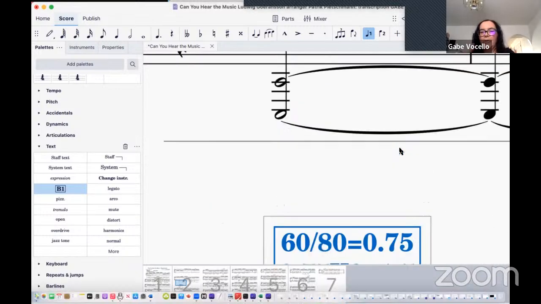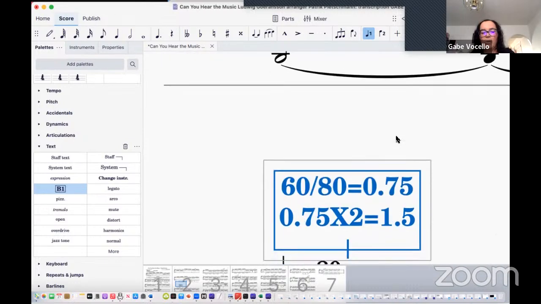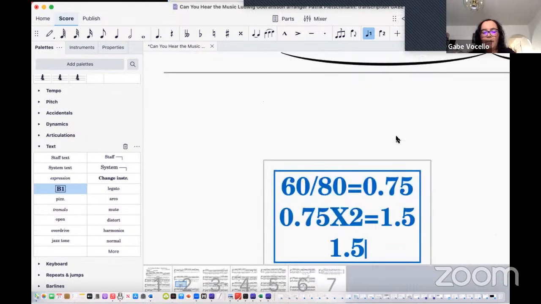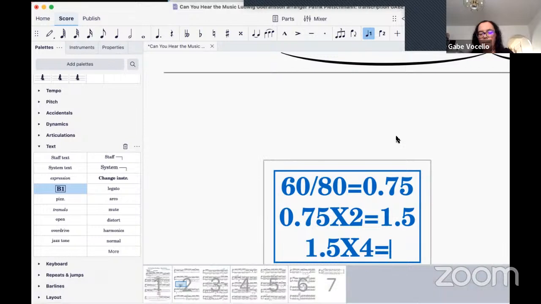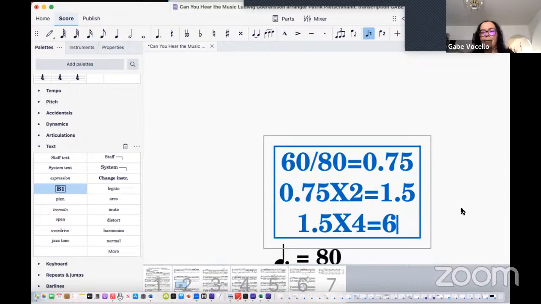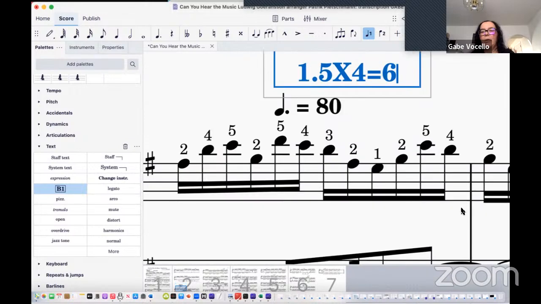So I want the 4 measures, so it's 1.5 multiplied by 4. It's equal to 6. So now you understood.